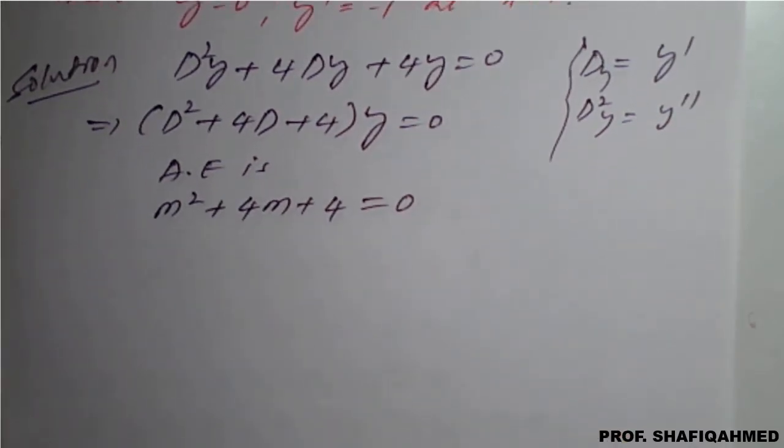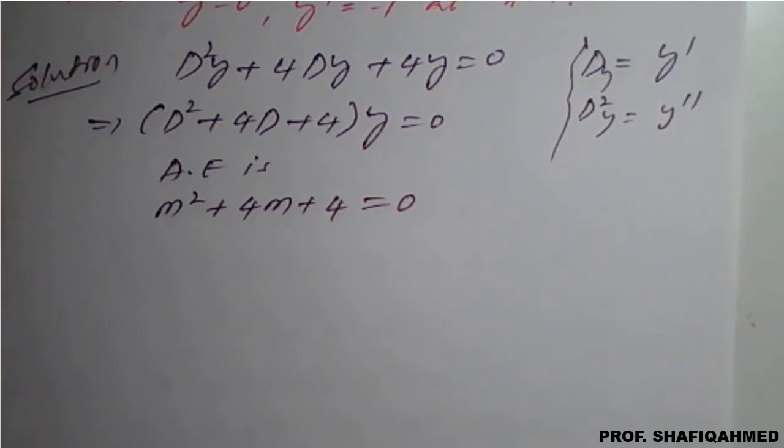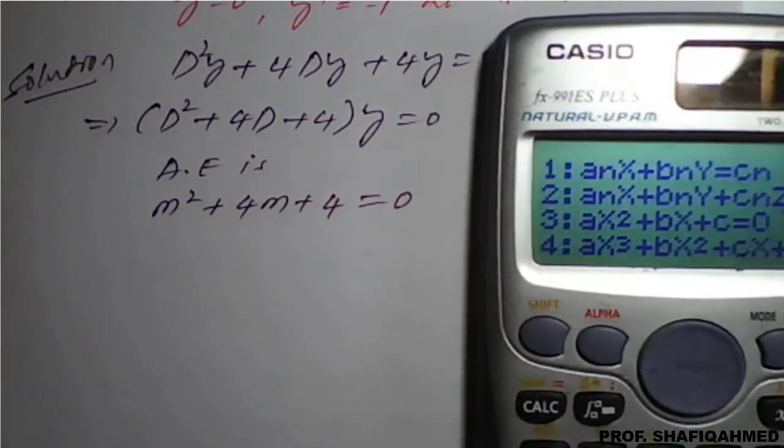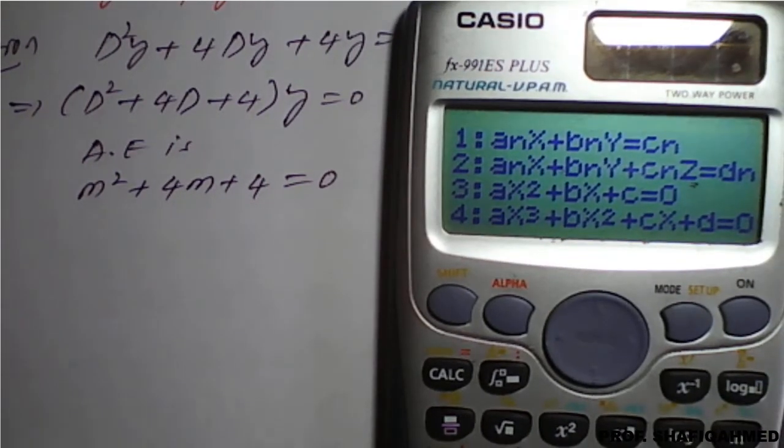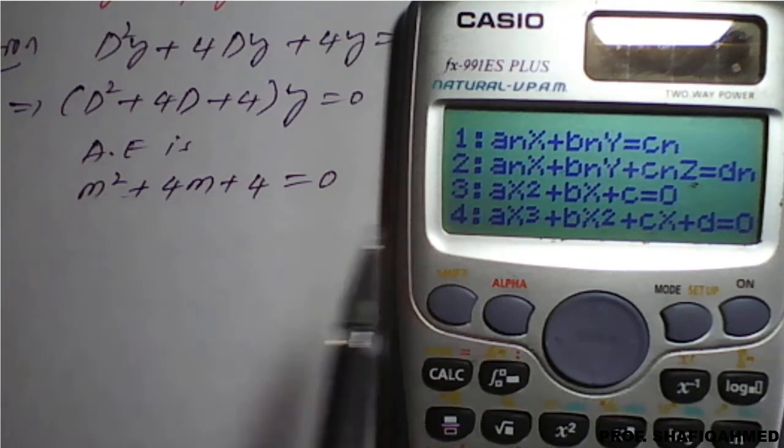From this we need to get the roots. We'll see the roots from the calculator. Because it is a quadratic equation, you choose option 3.